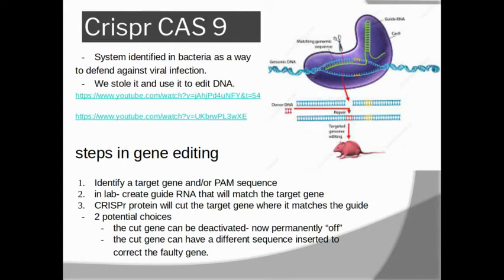This is a system that was found in bacteria several years ago now, and bacteria use this particular system to identify viruses that are trying to infect the bacteria and kill the viruses before they can actually cause the bacteria to die.